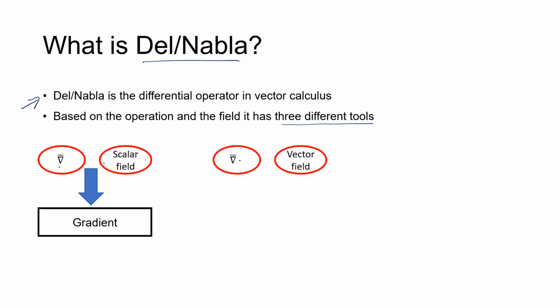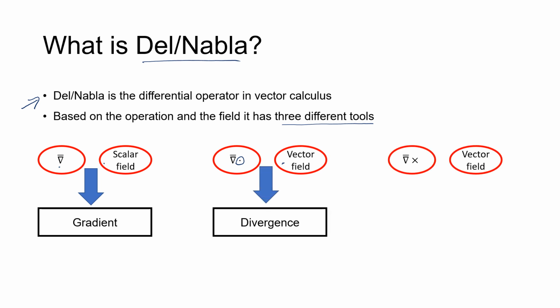Second one, when we have a dot product with a vector field, we will have in this case what's called divergence. Last one is when we have a cross product of nabla with a vector field, and this time we'll have another one which is called the curl. Of course, we will have more details about each of these in independent videos.